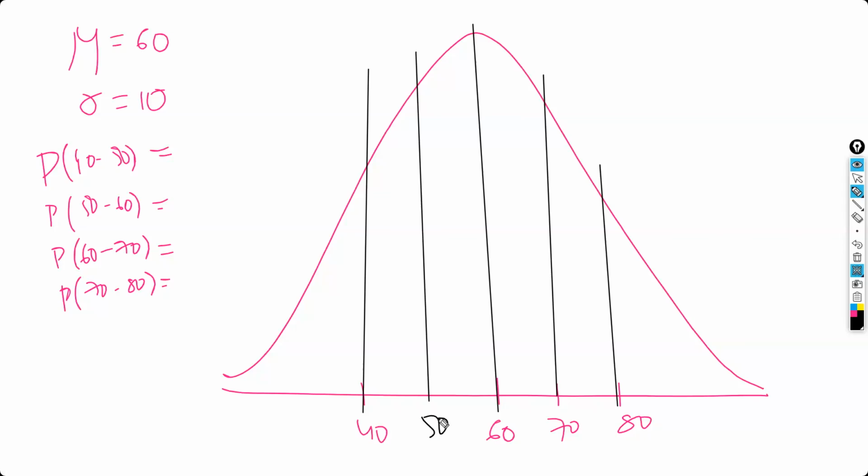Completed? Tell me, what are the values?